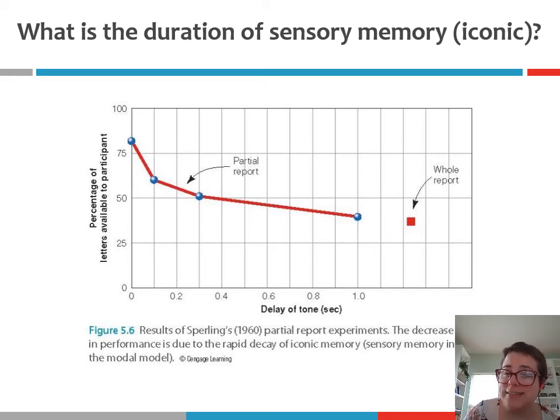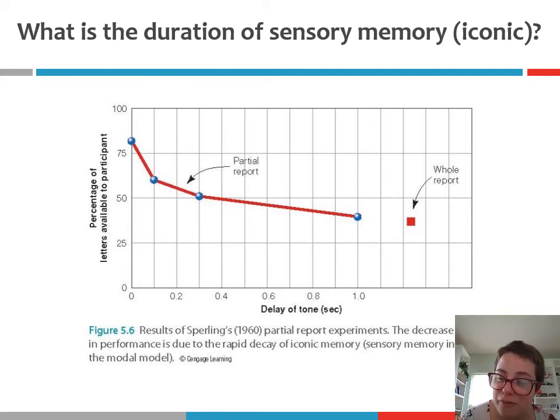And this makes sense if we think about Sperling's theory. Again, Sperling's theory is that initially our sensory memory creates a full and complete snapshot registering the image of the array, but the array is rapidly forgotten, and the only way to transfer it to our short-term memory is if we pay attention to it, right?